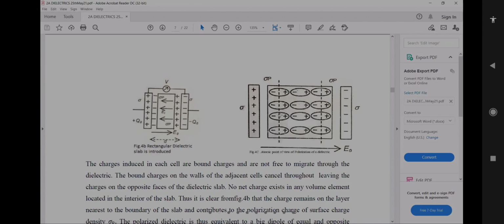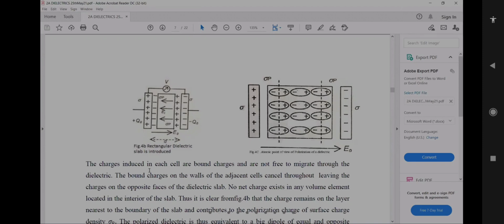The charges induced in each cell are bound charges and are not free to migrate through the dielectric. Actually, in conducting material, in the outermost cell there are free charges, free electrons, moving within the material.